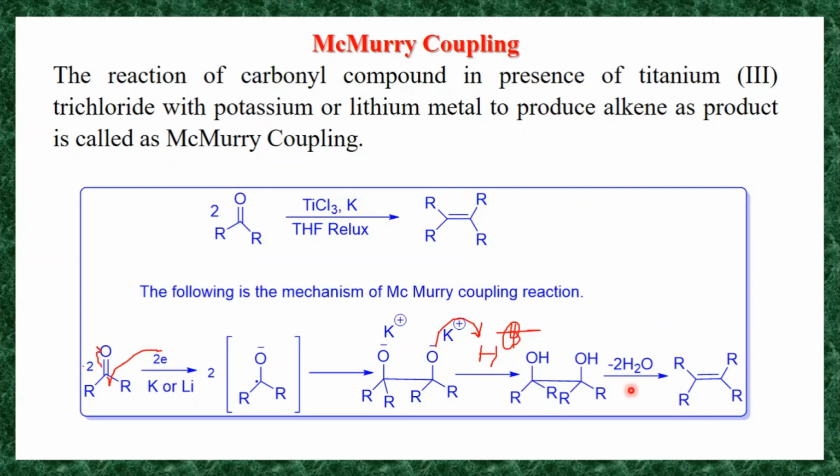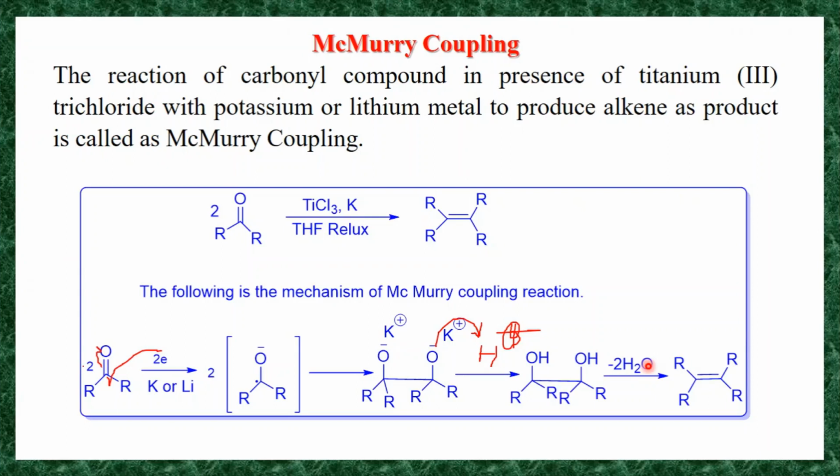Both this OH and hydrogen from this carbon undergo dehydration, twice H2O, and you will get your alkene. So this is the general reaction mechanism of the McMurry coupling reaction.